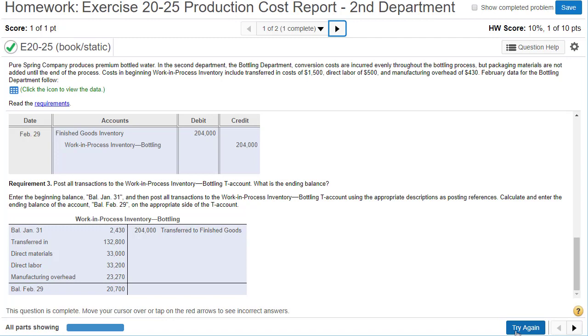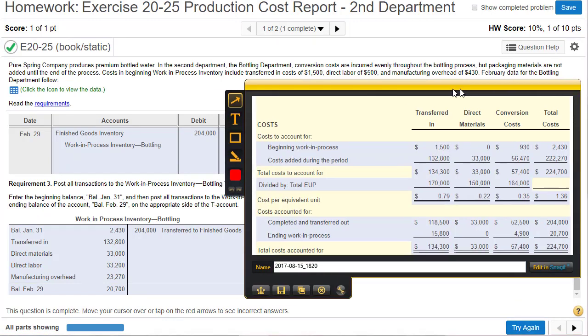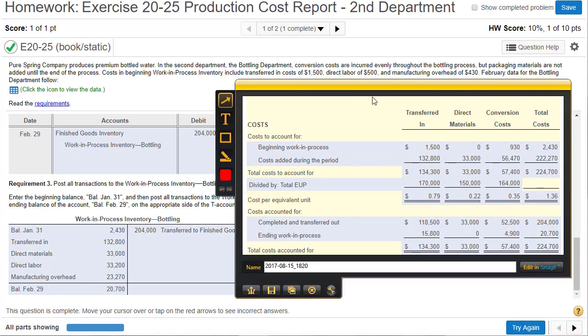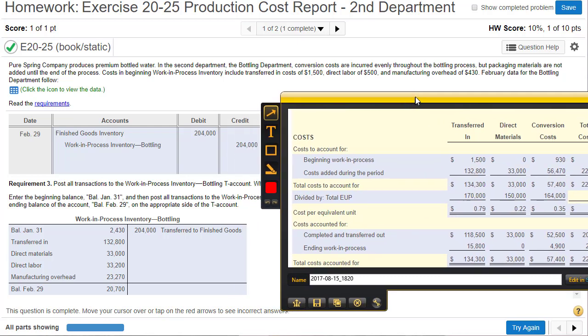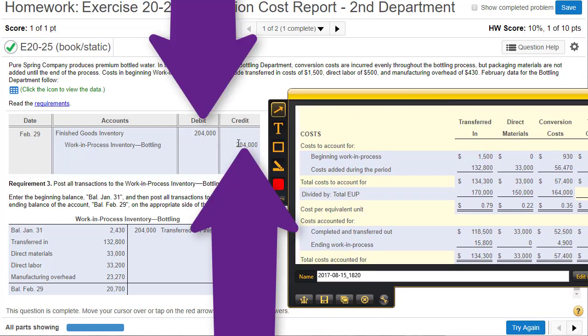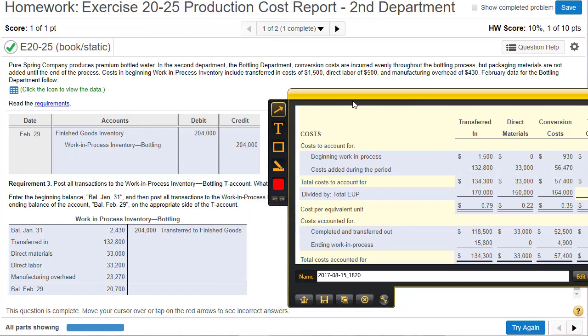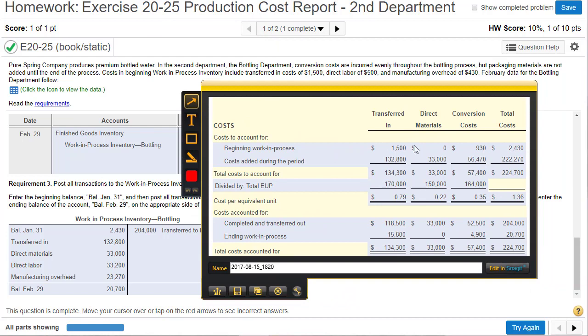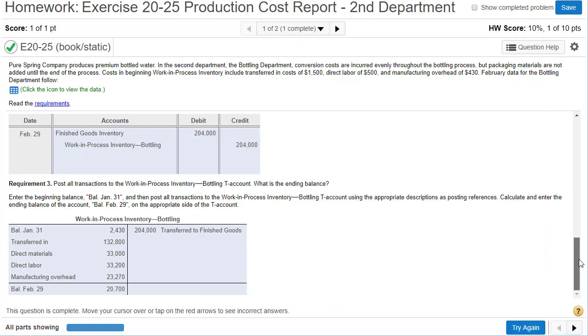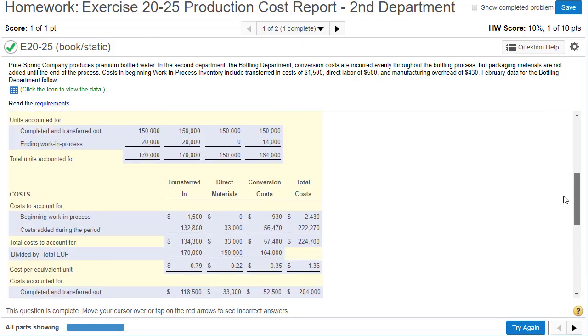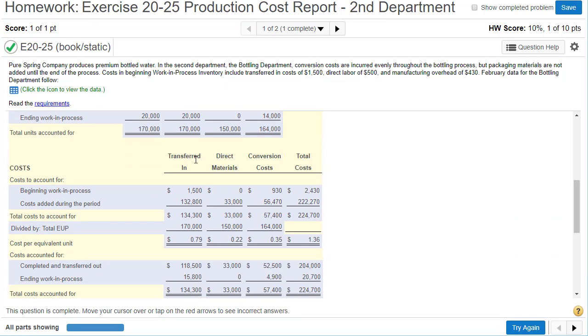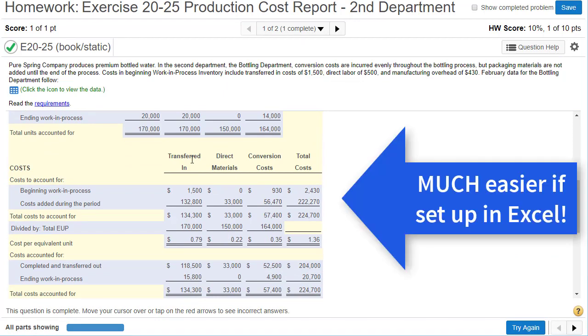So this production cost report, this is just the second half of it. It's really done so that we can keep track of these costs, and then so we can do this journal entry. And like I said in the videos, this production cost report, and we can see the whole thing up here better, would be easily done in Excel. And that's what they use.